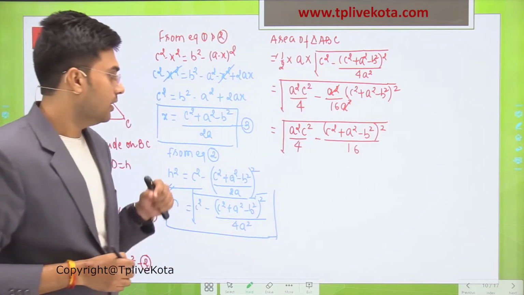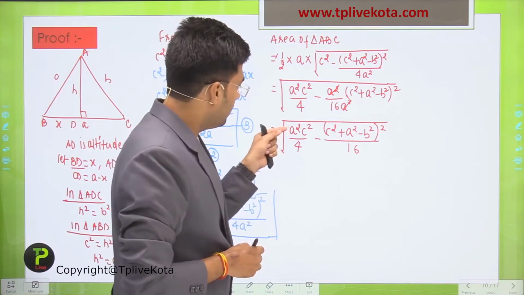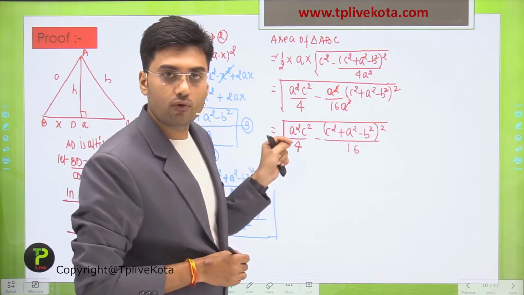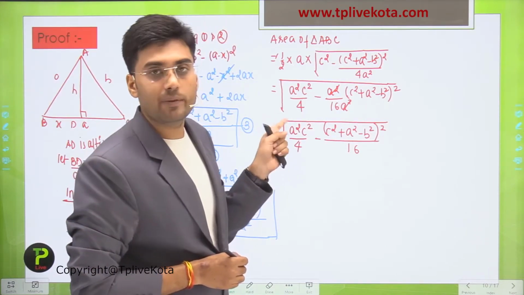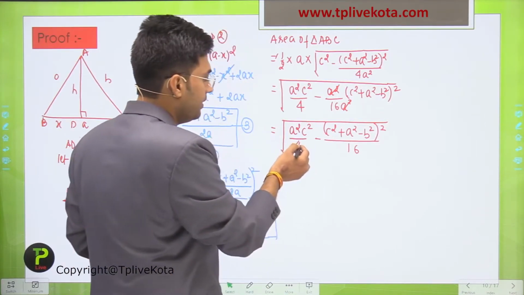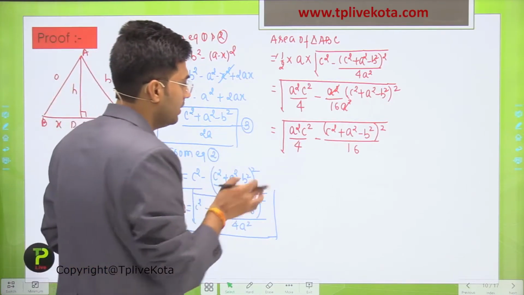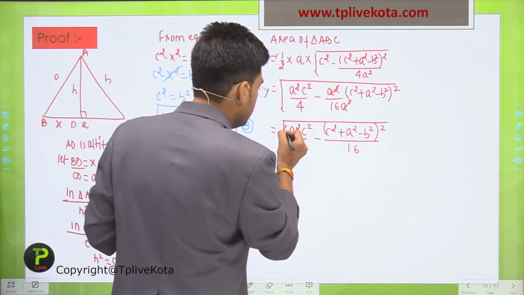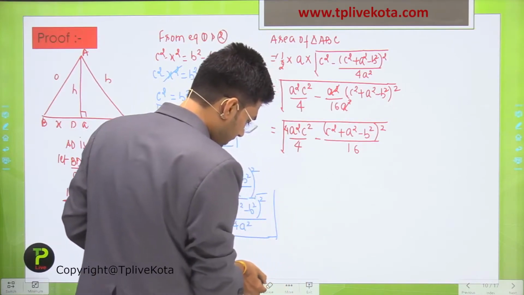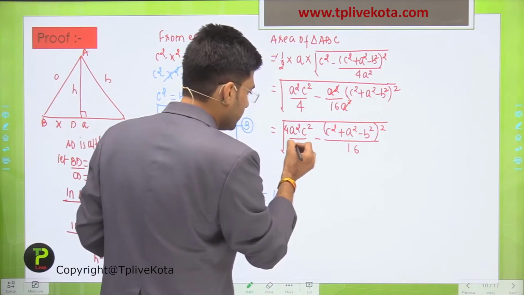Clear? Now let's multiply numerator and denominator by 4, because when we multiply the denominator we get 16 on both sides. So this is 4, and when we multiply this, this becomes 16.